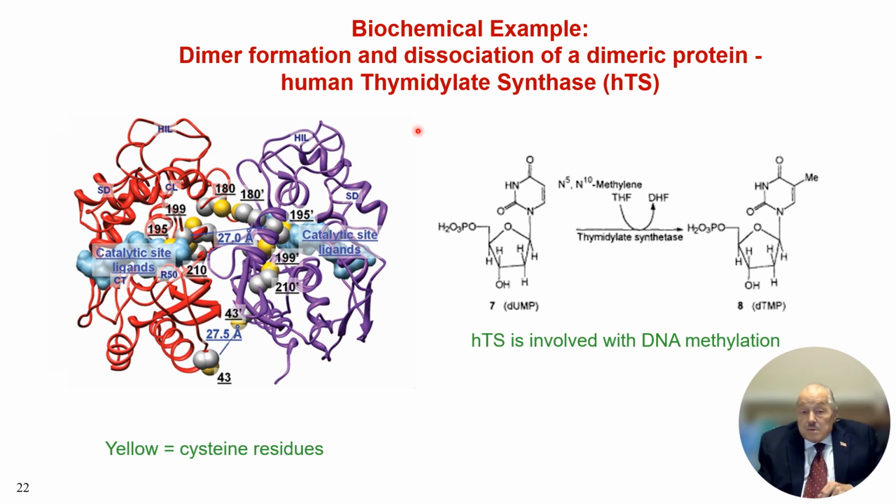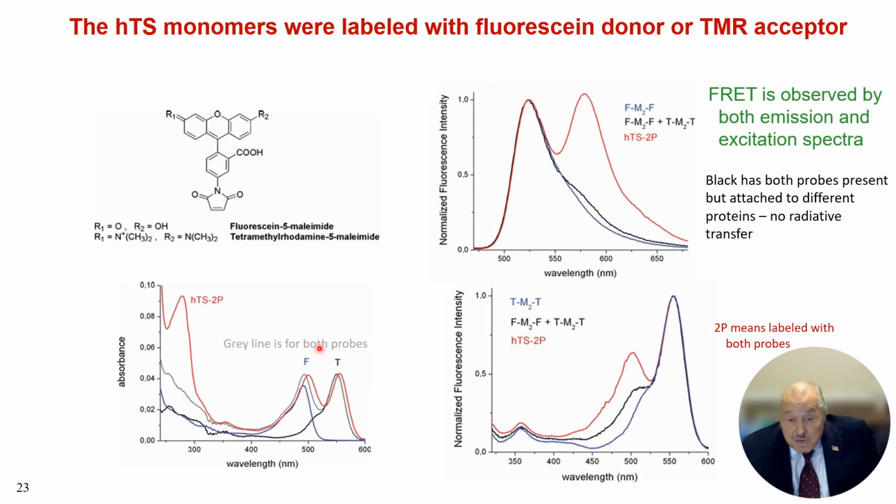This is for a protein named thymidylate synthase. It puts methyl groups on uridine residues to create thymidine residues, and it's involved in DNA methylation. It exists as a dimer. The authors here labeled the subunits with different fluorophores to measure the association.